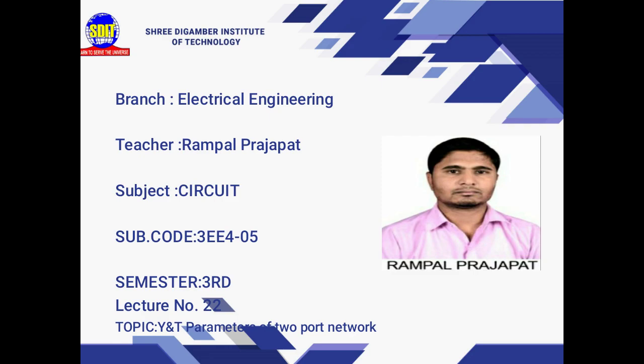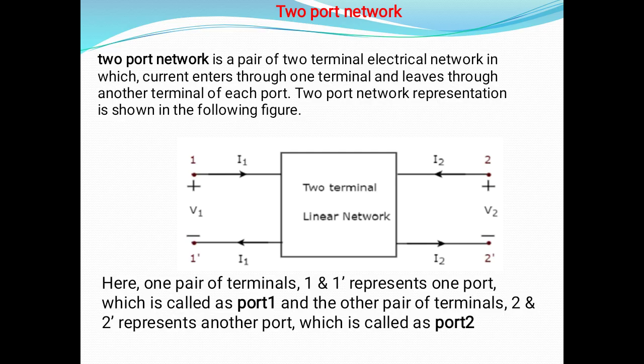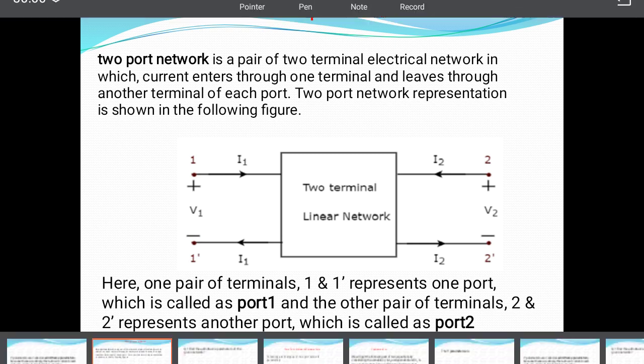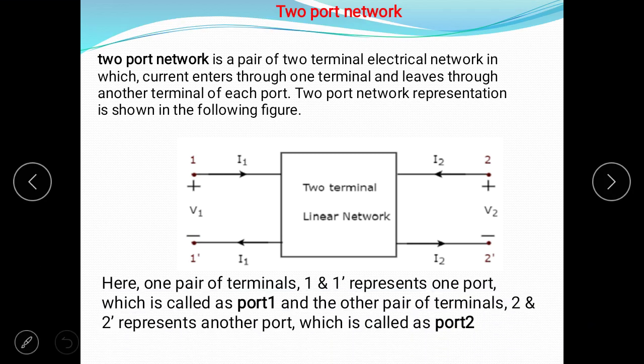So a two-port network is a pair of two-terminal electrical networks in which current enters through one terminal and leaves through another terminal of each port. A two-port network representation is shown in the figure. At port 1 the voltage is V1 and the current is I1.